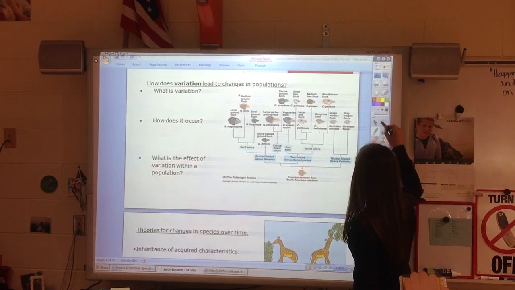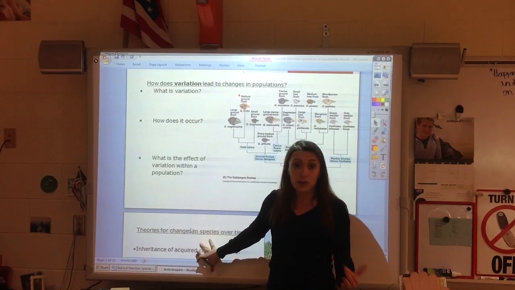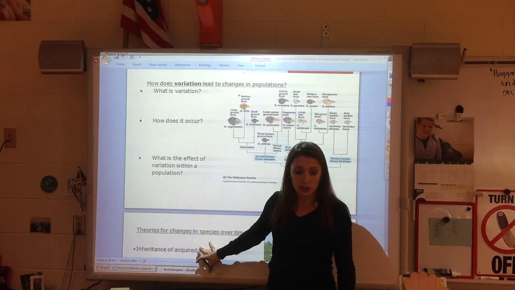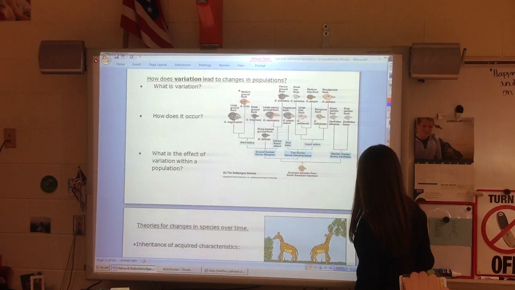What we're looking at next is natural selection. We are very comfortable talking about it now, but it turns out that this is a theory that had to be developed.